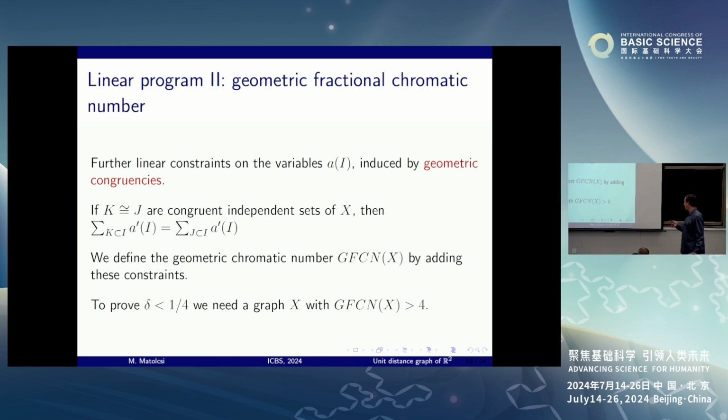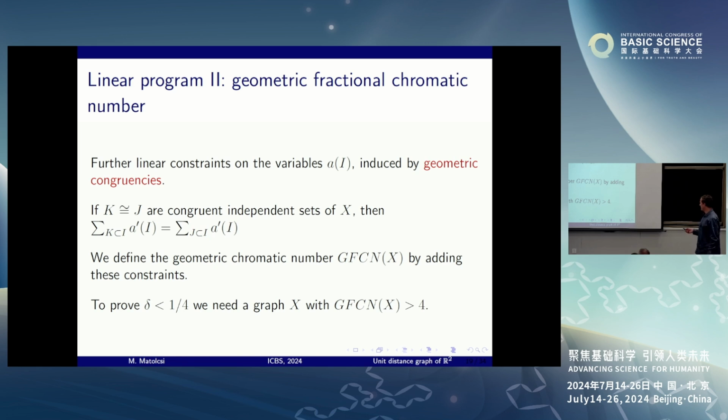Namely, whenever you have two congruent copies of the same thing, maybe they are segments of the same length, or maybe they are triangles which are congruent to each other, or quadruples which are congruent to each other, whatever. You have a configuration in your graph which appears at least twice. It appears as k and it appears as j.